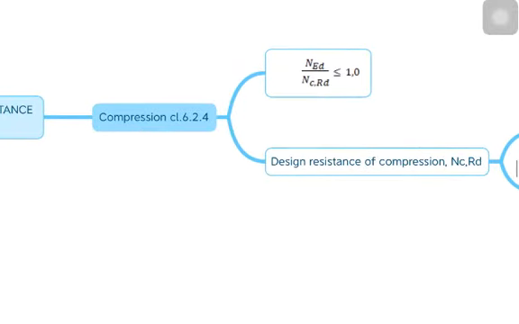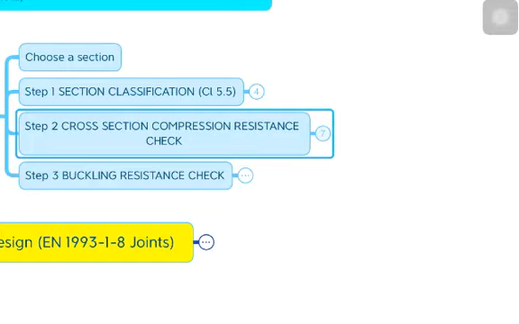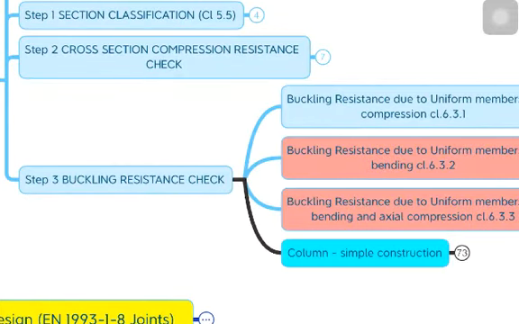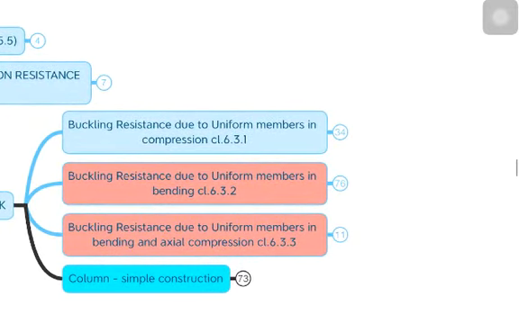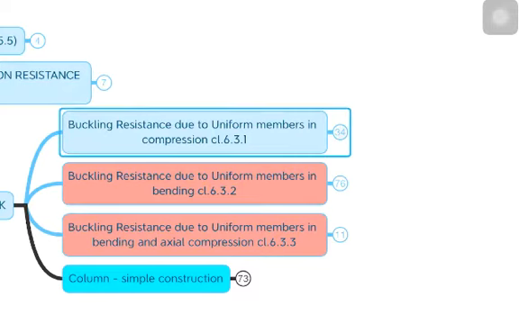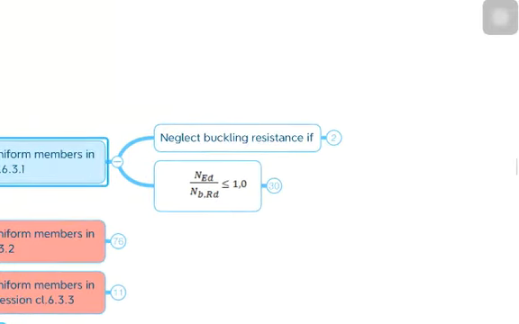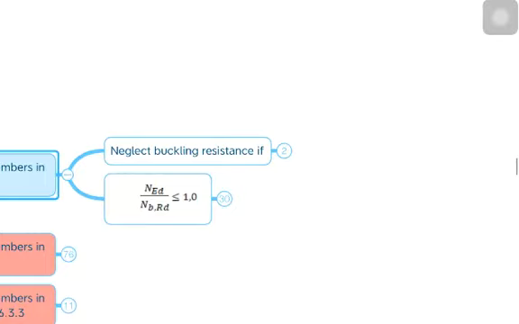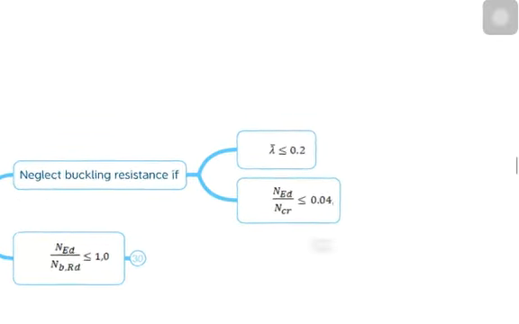So now the next step, step 3, is the buckling resistance check. In the buckling resistance check, for a column subjected to axial load only, you just go through clause 6.3.1, where you don't have to check if it is a short column. So how to check whether it is a short column or not? You refer to this formula here.